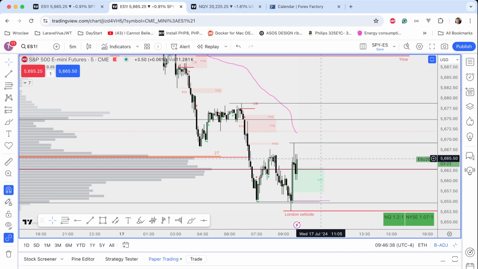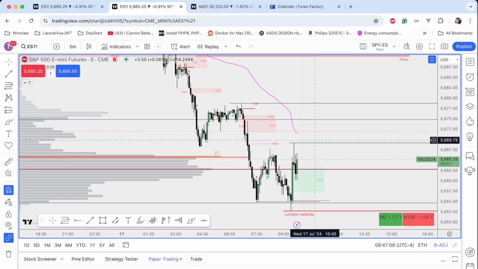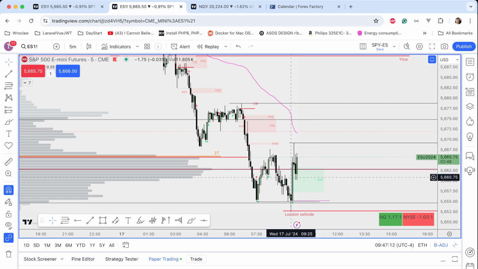It's much better for the market to chop around here for a while, then maybe go and grab that low, come back, and then go up. Let's call it a bear flag that we start to create here. If we have another 5 minute here, another 5 minute, and then we drop and come back up here, that would make sense for the market.